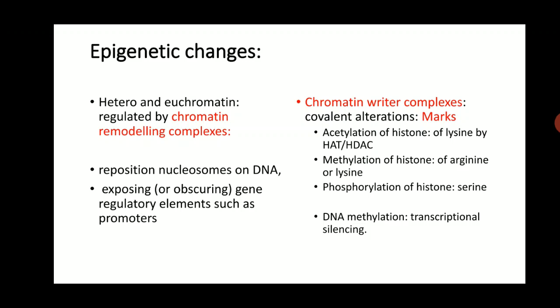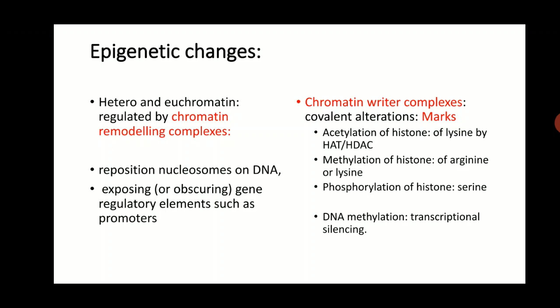Acetylation usually occurs in the lysine residues of the histone protein, and it is brought about by the enzyme histone acetylase. These are reversible processes because there is another enzyme known as histone deacetylase which can erase or remove this acetylation from the histone.